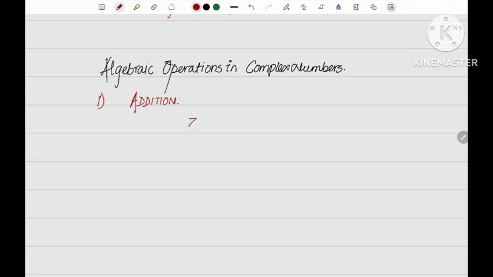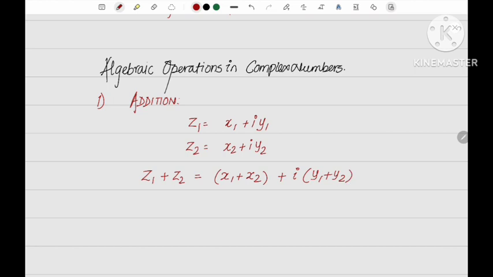An example is like this: if I have z1 is equal to x1 plus iy1, and z2 is equal to x2 plus iy2, then z1 plus z2 is defined as x1 plus x2, so this whole thing will become the real component of the resultant complex number, plus i times y1 plus y2.